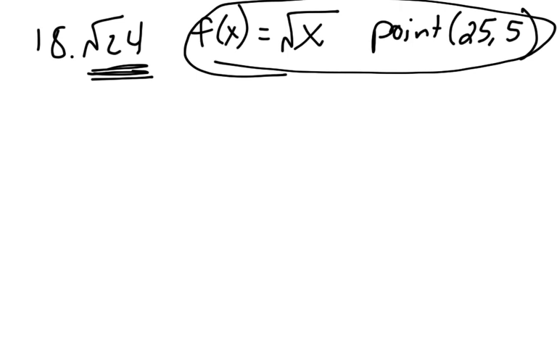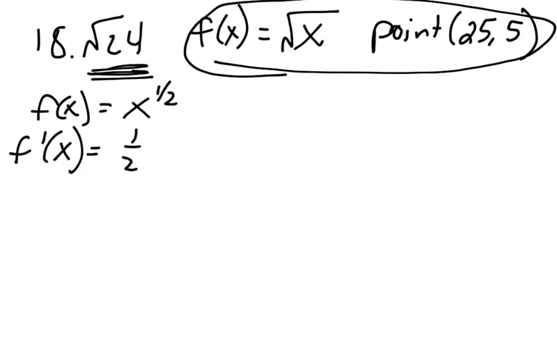I'm going to write a tangent line equation in order to do that, so I'm going to need to find the derivative. So I might want to think of f of x as being x to the 1/2 power. That makes f prime of x be 1/2 x to the -1/2, which is the same thing as 1/2 square roots of x.